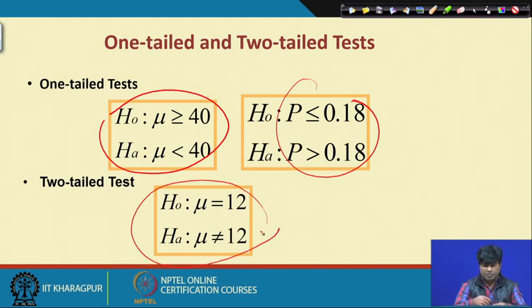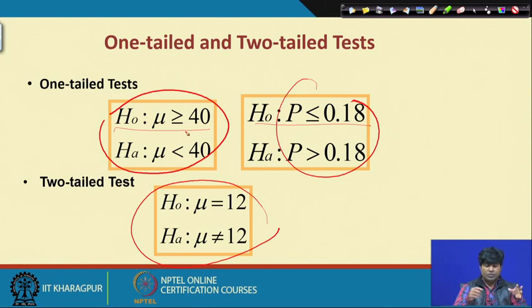So, that is the difference between these for setting the null and alternative hypothesis. The comment on the null hypothesis: when we put greater than or equal to 40, this is one particular specification, then by default the counterpart will be less than 40. When we specify H 0 p less than or equal to some sample structure, then obviously the counterpart will be p greater than.